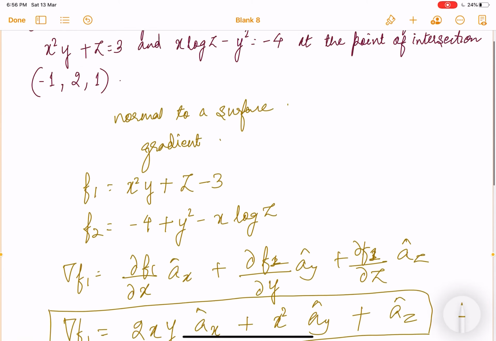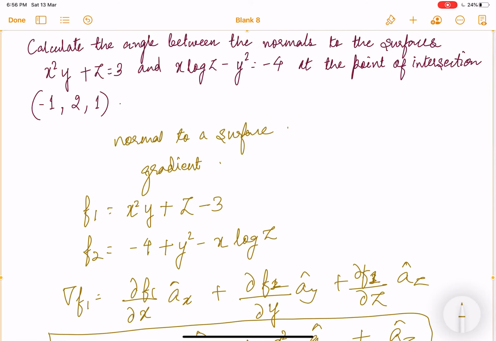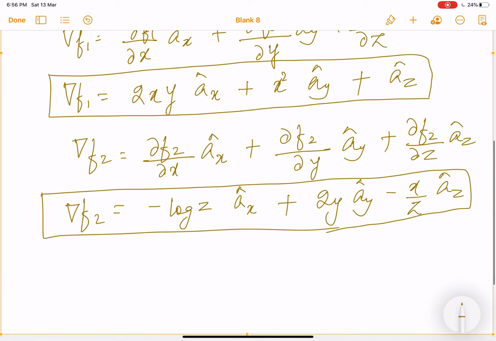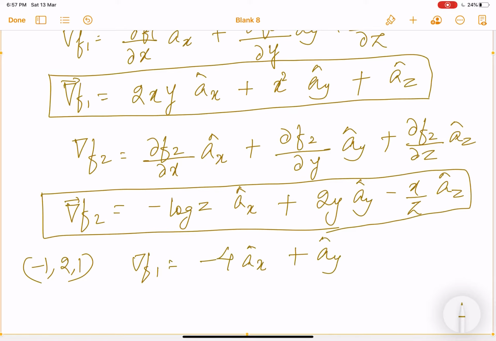It's written at the point of intersection (-1, 2, 1). So let me take out the value of the gradient at this point. These gradients are all vectors. It will be minus 4 i, plus minus 1 squared is 1, so j, then k.